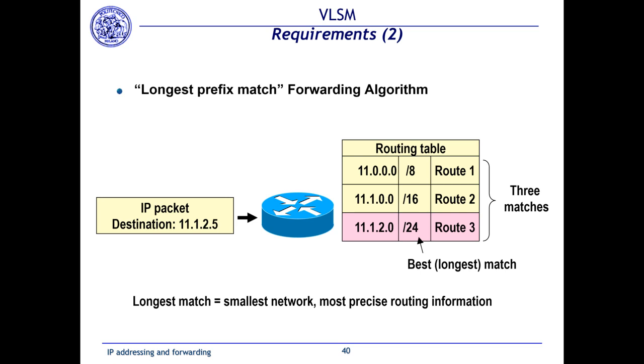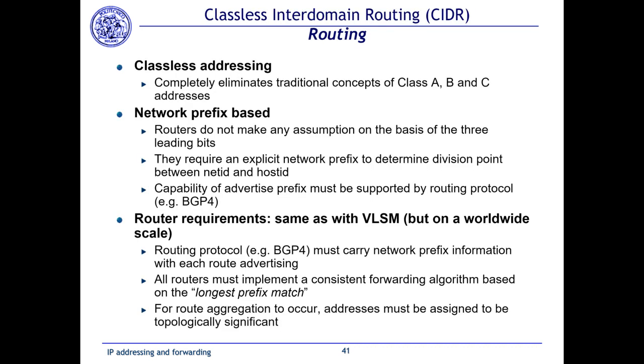So this subnetting technique is used, let's say, to configure the internal part of networks. And then the second step that led outside the classful mechanism was classless interdomain routing, CIDR.